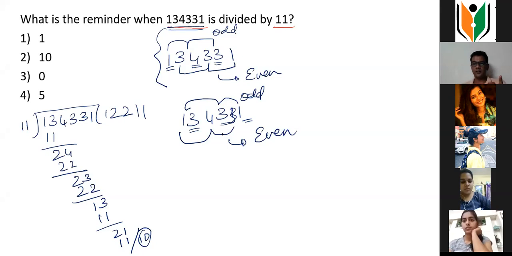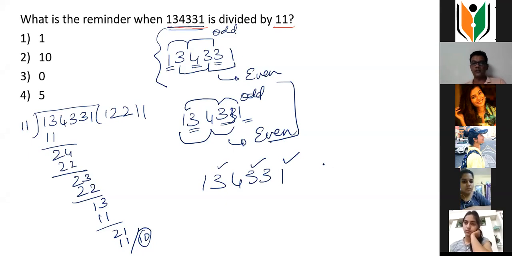Understood the difference? One is when you count odd places and even places from the left hand side of your number, and one is when you count from the right hand side of the number. So let's look at the right hand side. If I'm counting from the right hand side, then 1, 3, and 3 are odd places, which means I have a sum of 7.